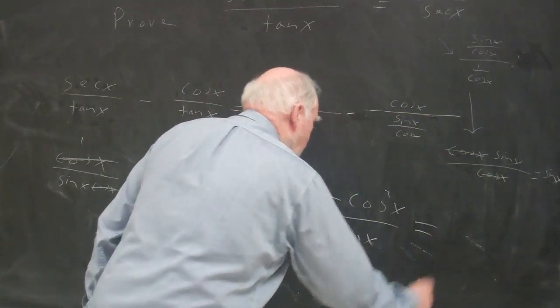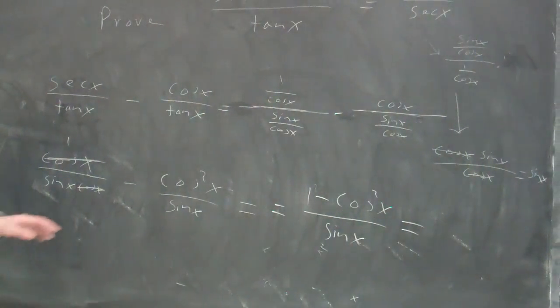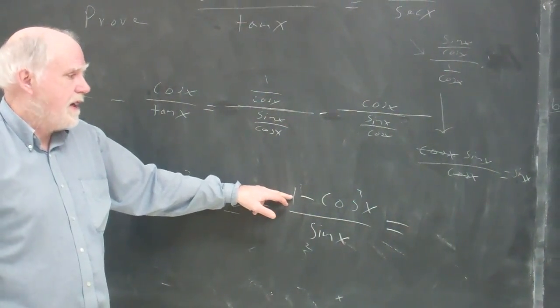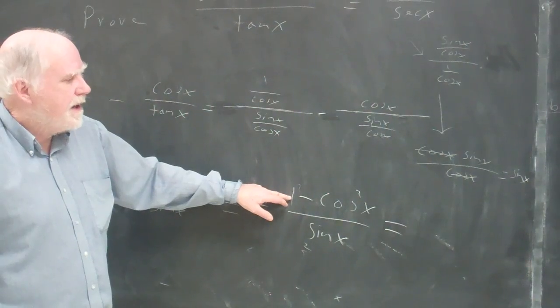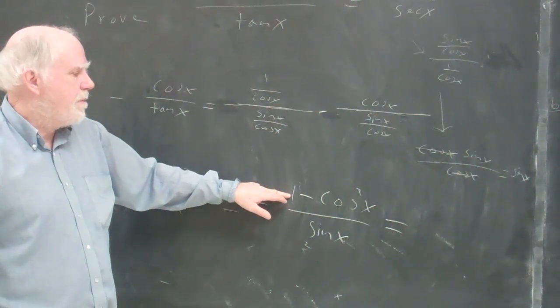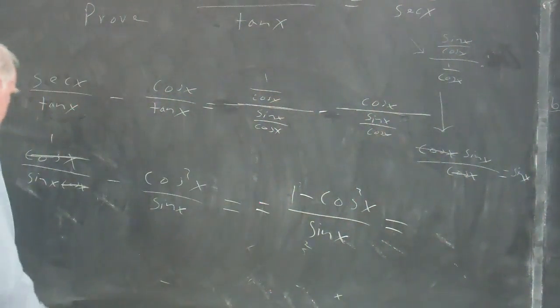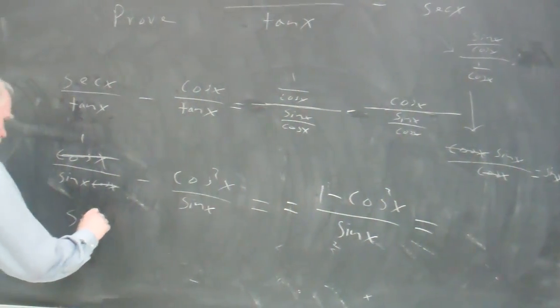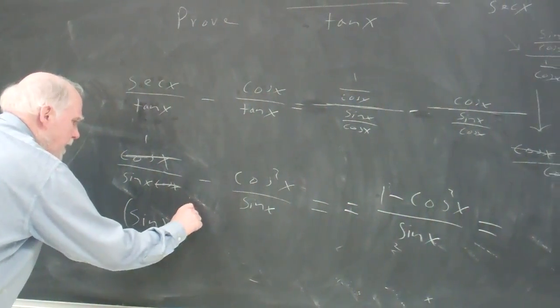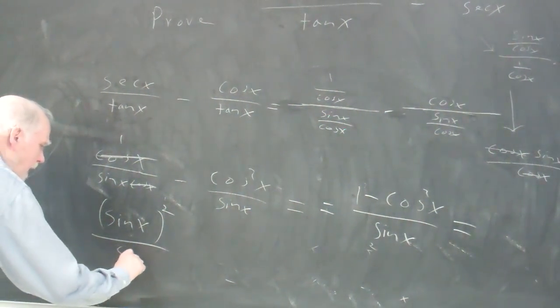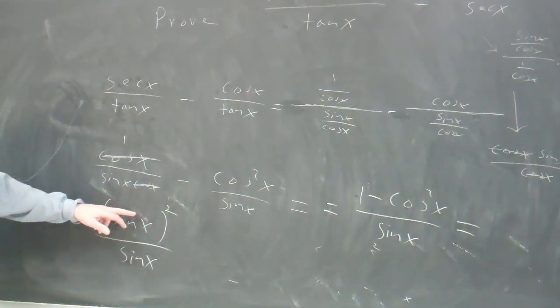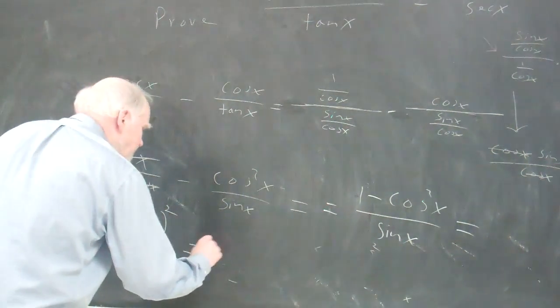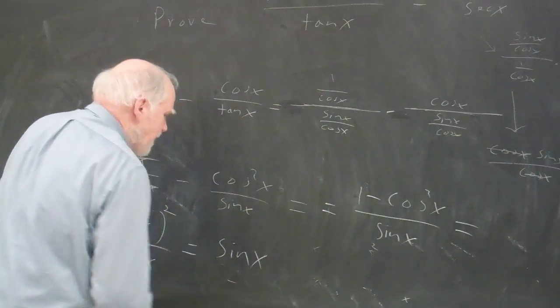Okay, and of course 1 minus cosine squared x, that's fundamental identity number 6, isn't it? This equals sine squared x. And remember, sine squared x means squared over sine to the 1 power. I'm going to write it like this instead of the square there. And this will give me sine x. Boy, I got there. I didn't think I was going to make it.